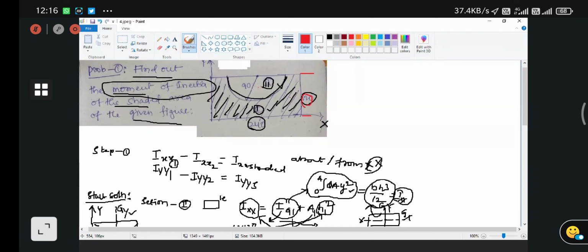Now to find the central distance, see here, this is your central axis, which is at 4r by 3 pi.